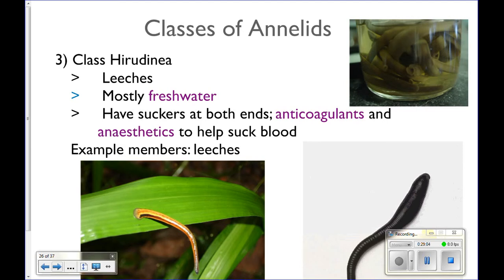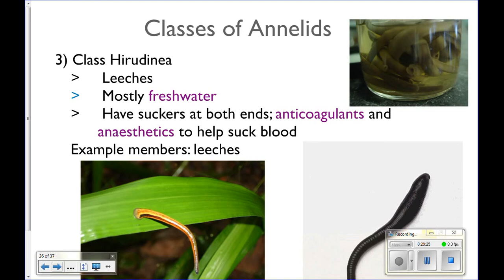They'll cut through the skin, and they secrete an anticoagulant and also an anesthetic. The anesthetic makes it so you don't feel it when they bite. It's like a numbing thing. And then the anticoagulant means that your blood won't clot, so they can just sit there and suck your blood and it won't clot.